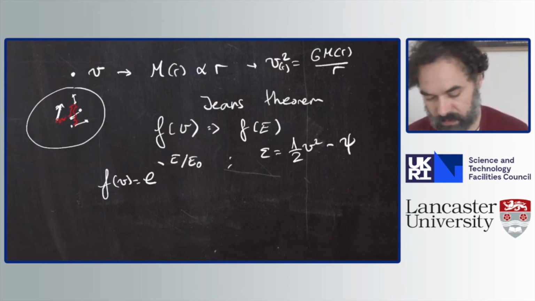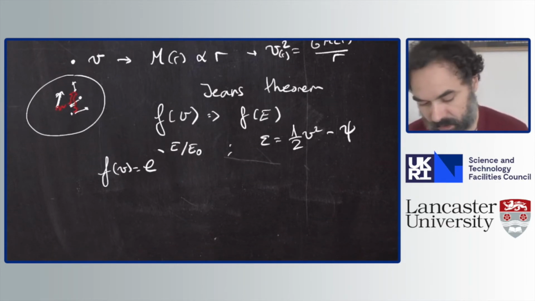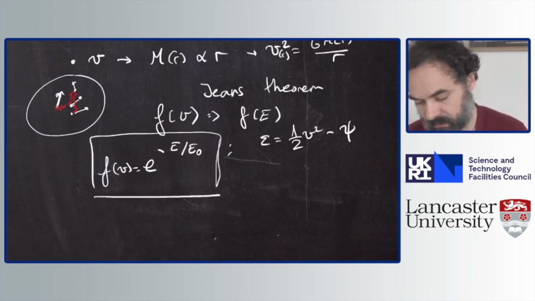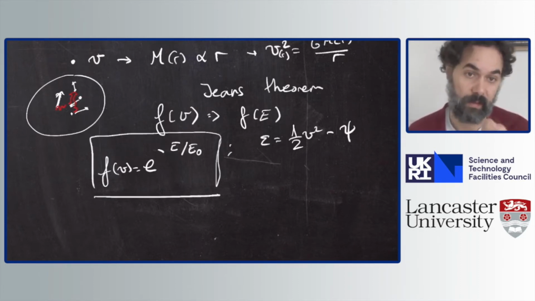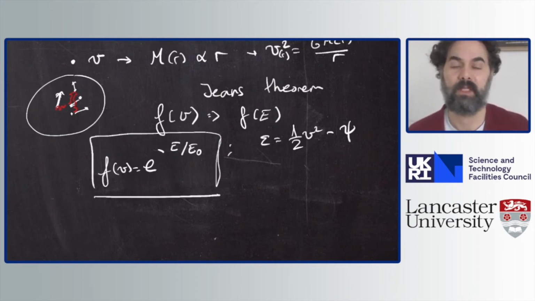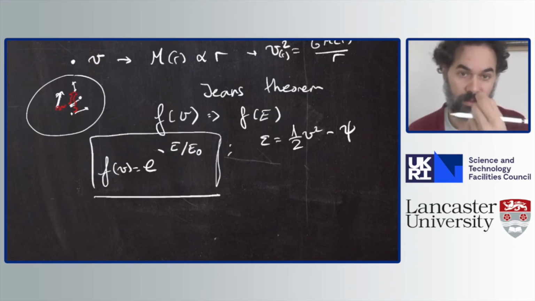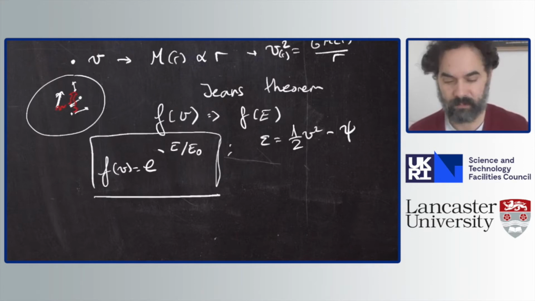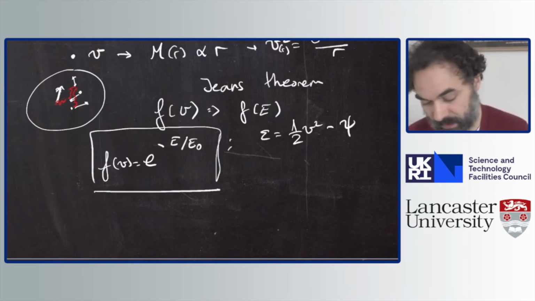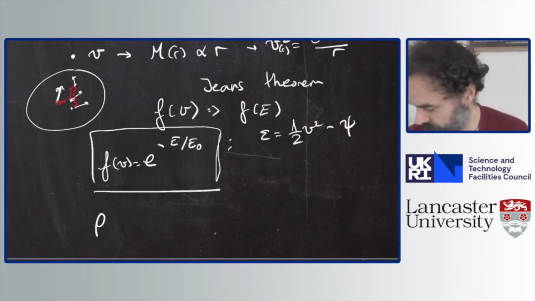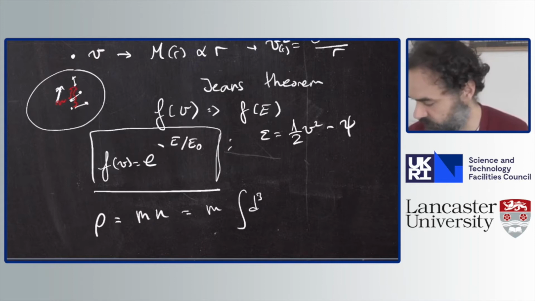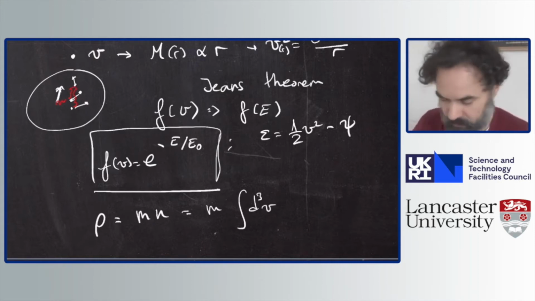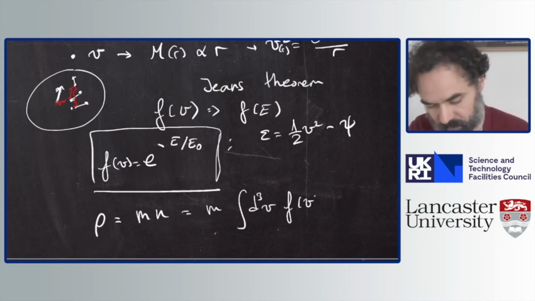All right, so let's see what happens now. If we imagine that this is the typical distribution function for how particles are distributed in a particular place in this halo, we can now compute the energy density as an integration of the same thing we did in the past, f of v.